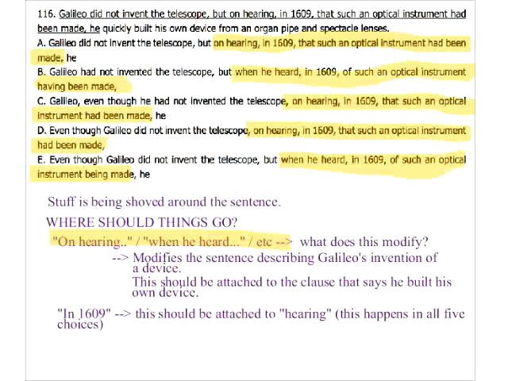Now notice the difference here, because you can put prepositional things like on hearing, or in whatever year, before stuff, and you can also put them after stuff. So there's a problem in choices C and D that doesn't exist in the other choices. And that's the following.